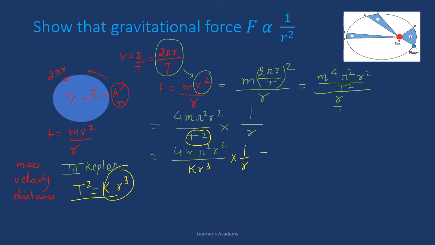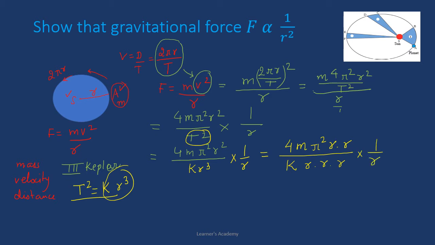So when I solve this further, I get 4m. Now I'm going to break it up for your understanding. Now this is r squared, I'm going to write it this way, divided by the constant. Then r again, I'm going to write it this way for your convenience, because I'm going to cancel it in the next step.